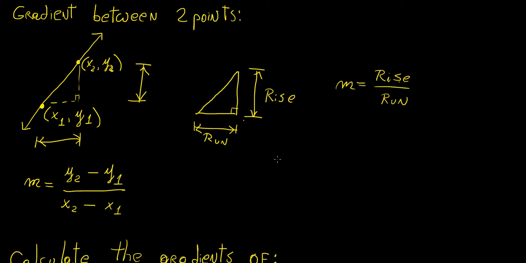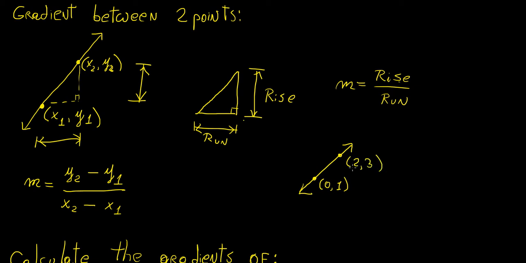To give you an example, I could say find the gradient between the following 2 points. Let's say 0 and 1, and then another point here, 2 and 3.